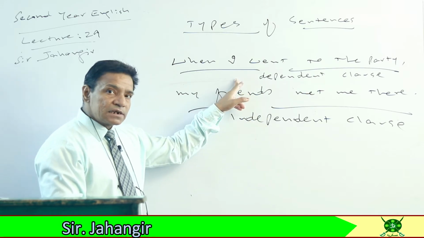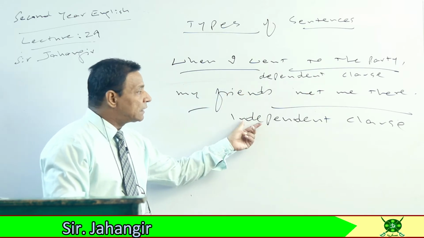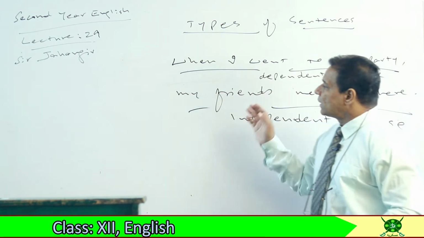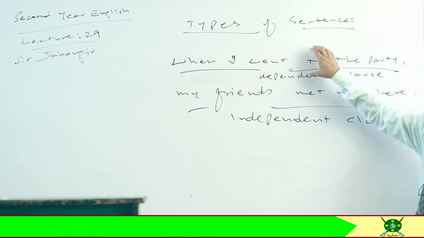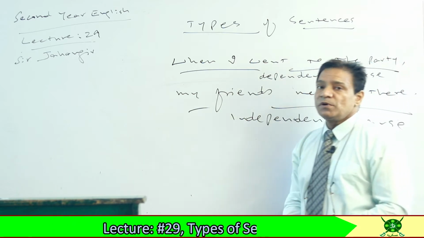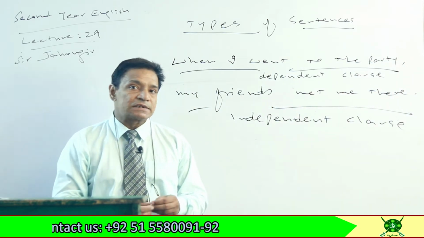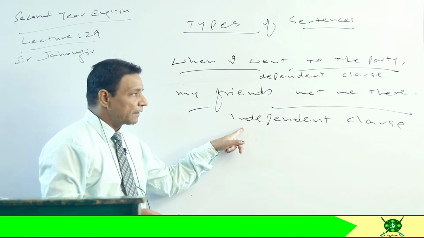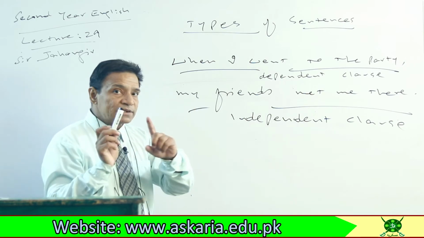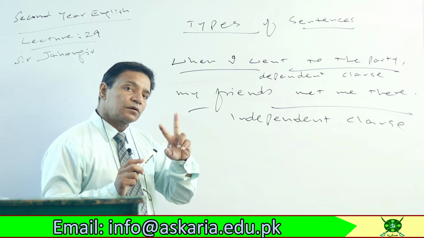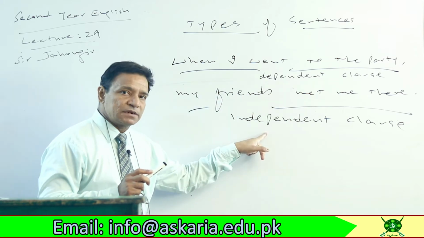Dependent clause does not give complete meaning, and independent clause gives complete meaning without the need of dependent clause, but dependent clause completes its sense when there is an independent clause attached with it. So understand: a clause is a sentence within a sentence, and then two main clauses, dependent and independent.